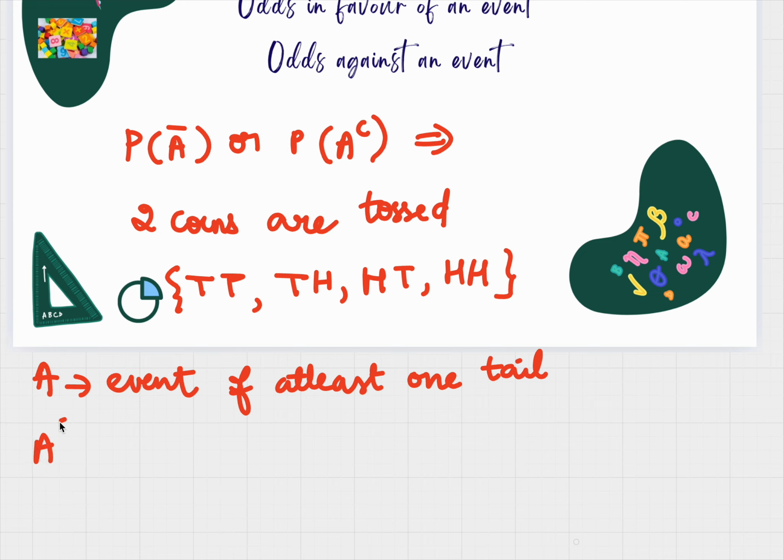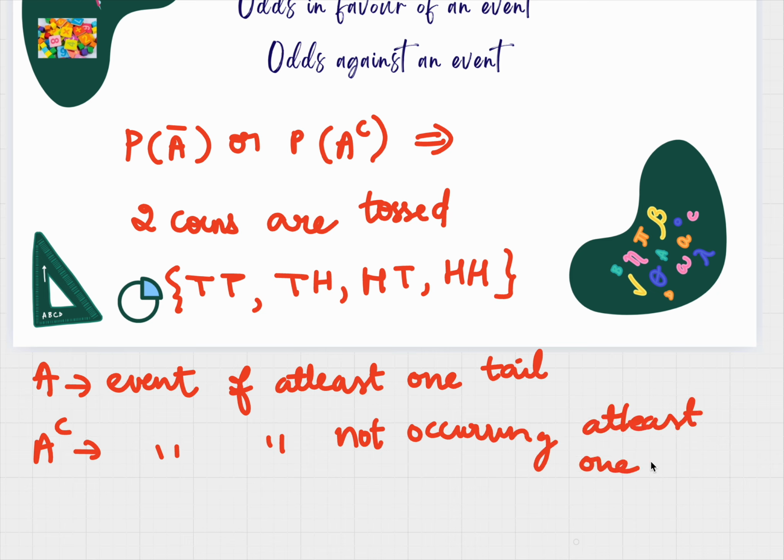Then A complement is the event of not occurring at least one tail. If A is the event of getting at least one tail, then A complement is opposite to it, which is the event of not getting any tail.